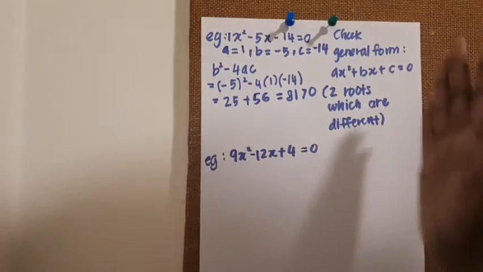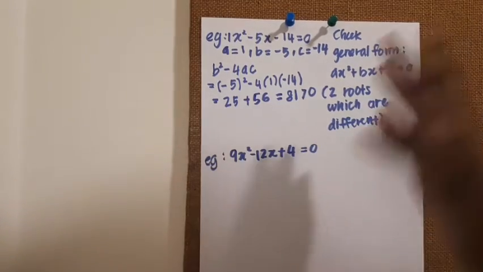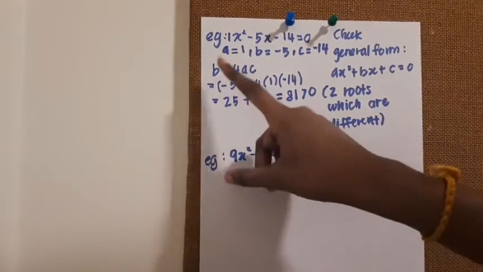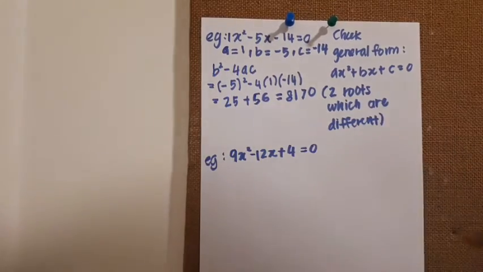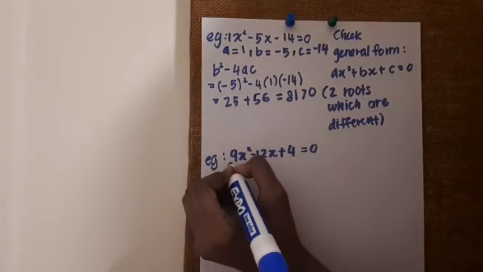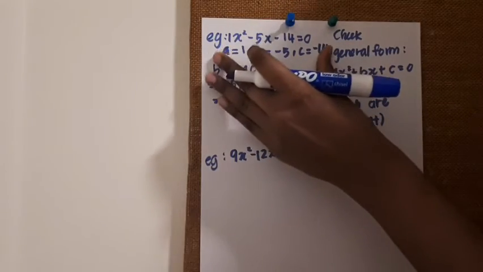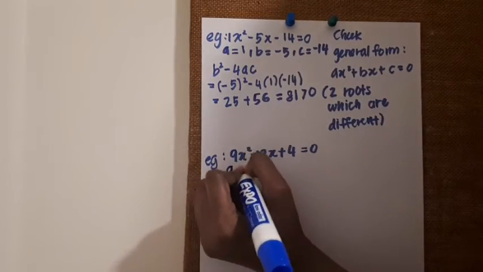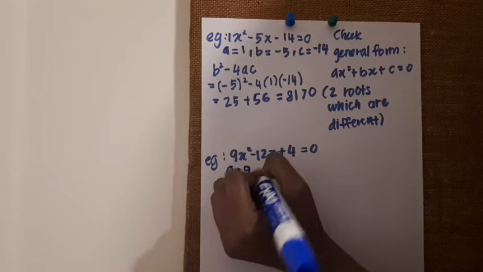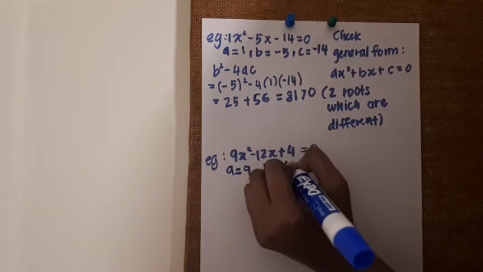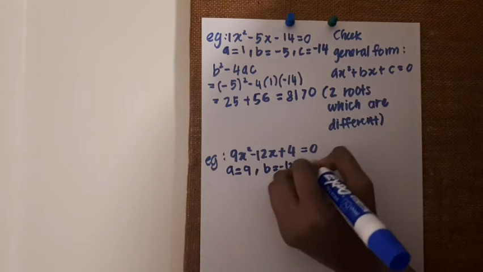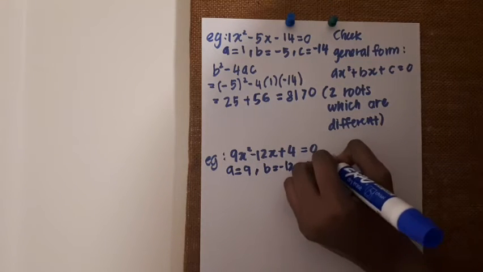Then we can use the b squared minus 4ac formula. Before that, you can write down that a is equal to 9, b is equal to negative 12, c is equal to 4.